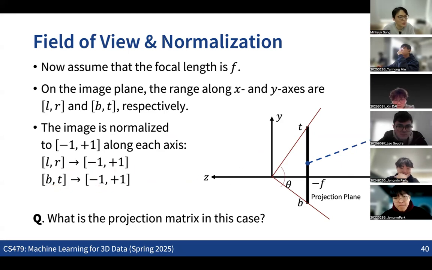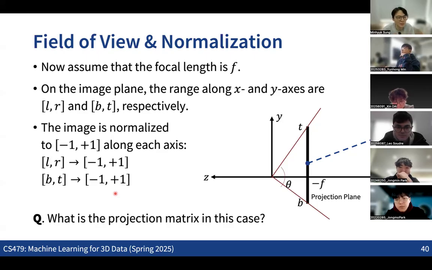So we are not only doing the projection, but also normalization of the image space. Then, can we represent both this combination of the projection and the normalization with one single 4x4 matrix? So I'm going to skip some details here, but I strongly recommend you try this yourself and see what you get.